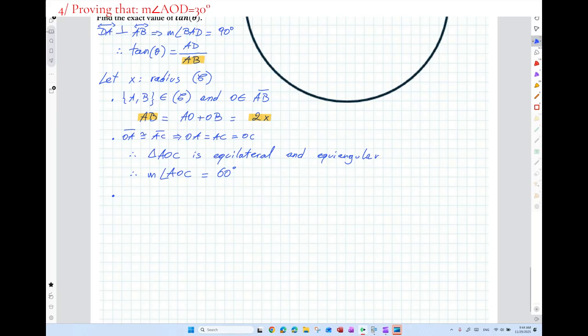Next, I'm going to consider the fact that the segment DA is congruent with the segment DC, which implies that DA equals DC.